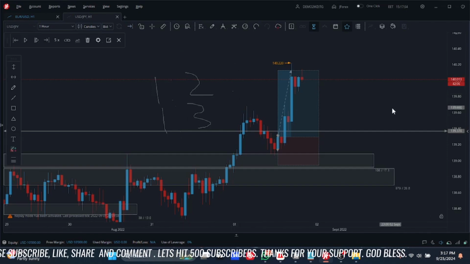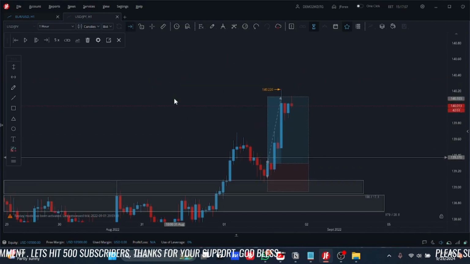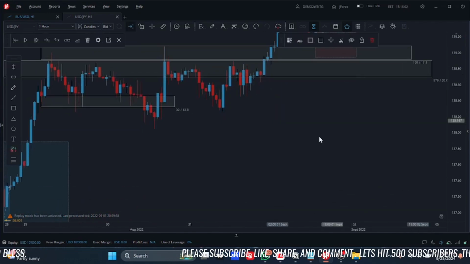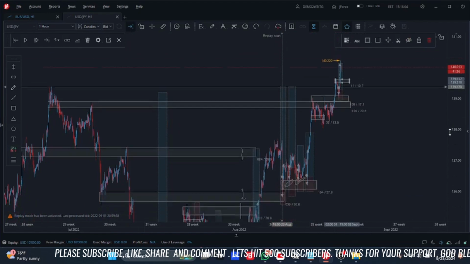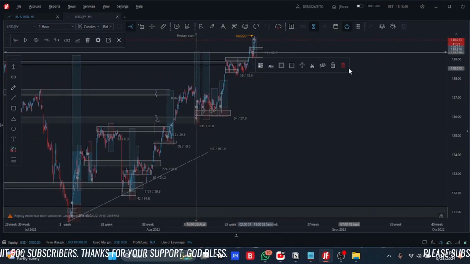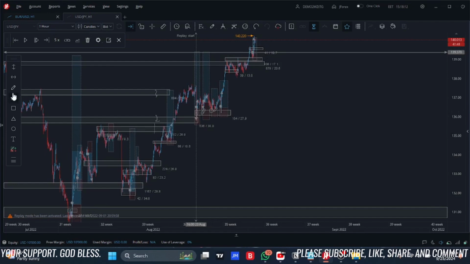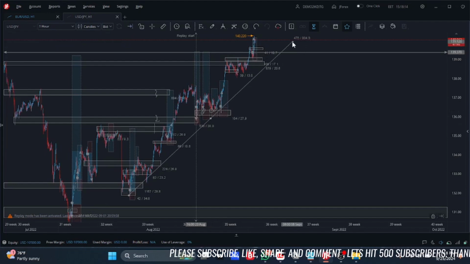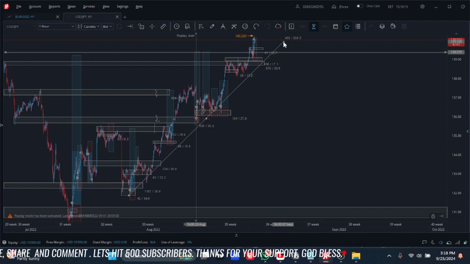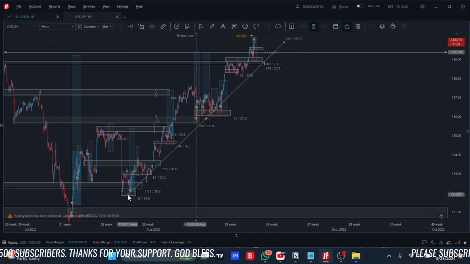Now at these stages, you need to look at a risk to reward of 1:2 and 1:3. When you get a break and retest, when price retests that zone, risk to reward 1:2, 1:3, because you don't know where the market will go. Because to the left, there is no zone where the market is targeting. The market is just going up, there's nowhere that the market is targeting.